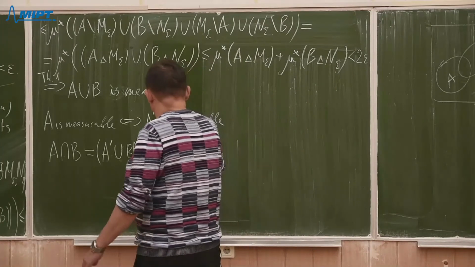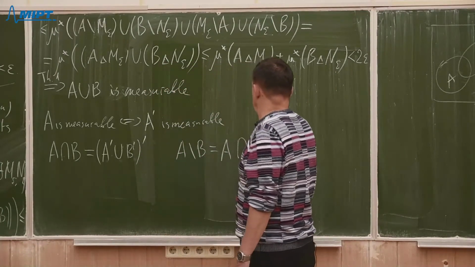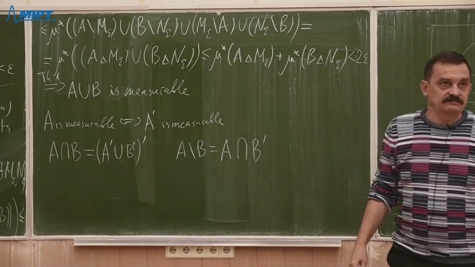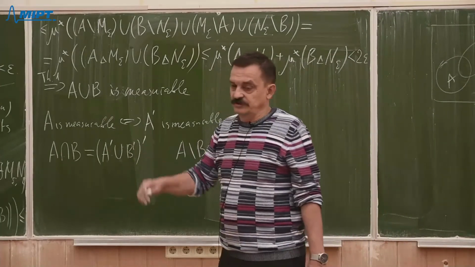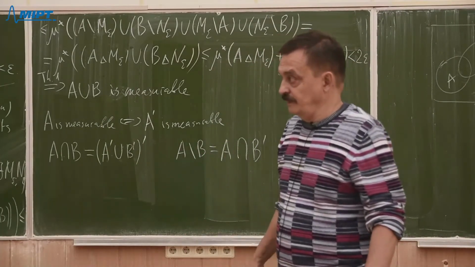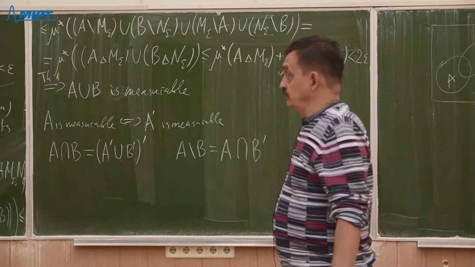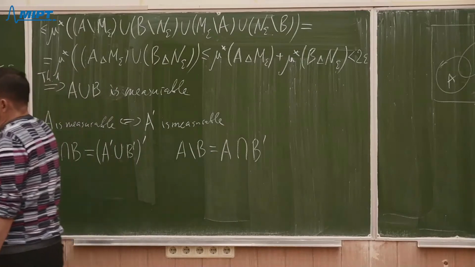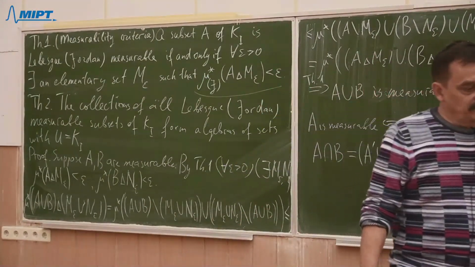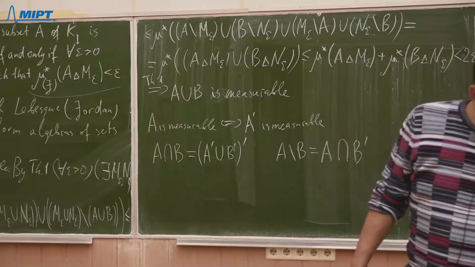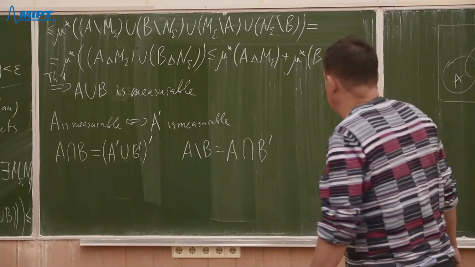Then A minus B is A intersect B prime, also measurable. And finally, the symmetric difference is the union of two differences. And of course, Q is always measurable, because everything intersected with Q is that everything. Okay, next theorem.